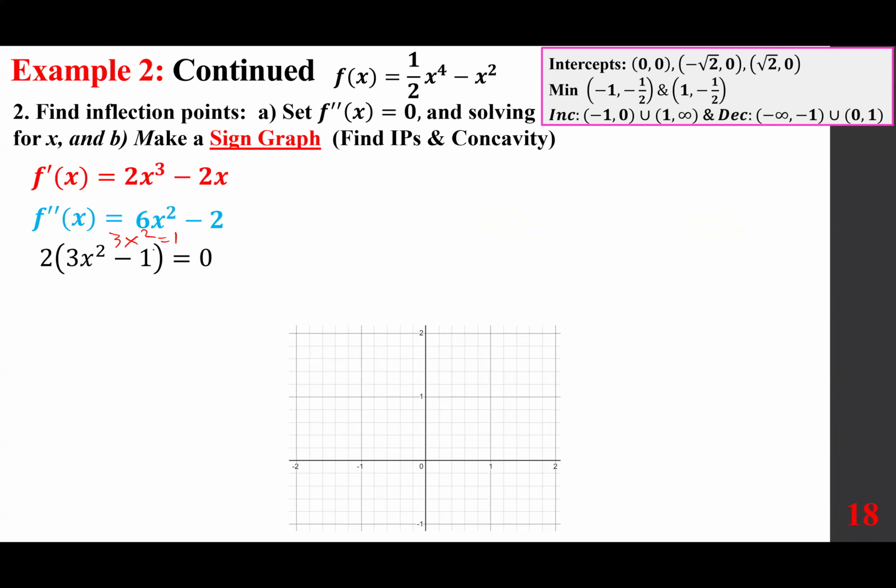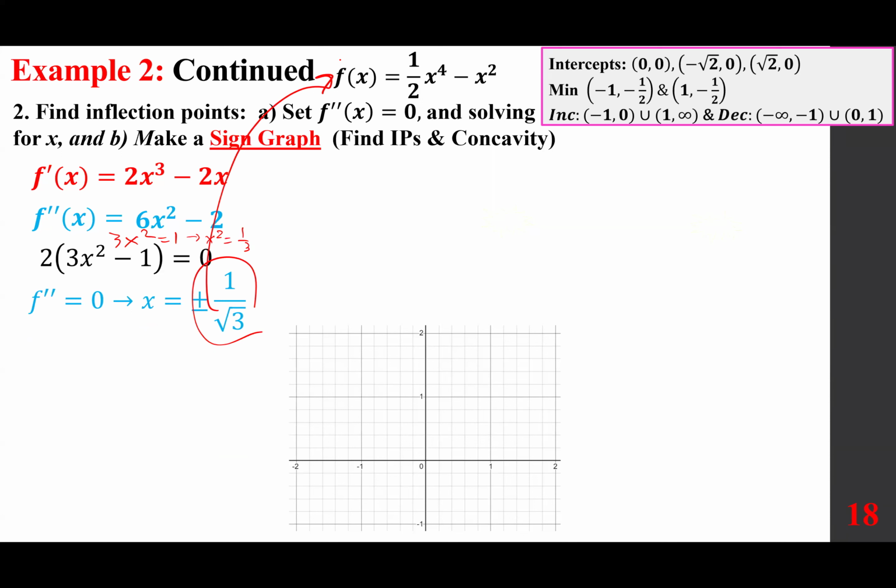That means 3x squared equals 1. x squared equals 1/3, and x becomes plus or minus 1 over square root of 3.